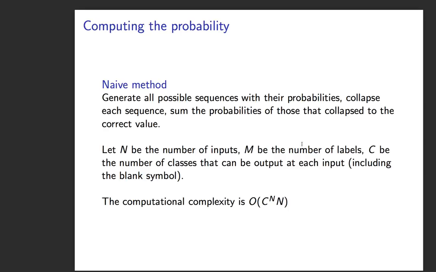The naive way of doing it is to enumerate through all the different paths that you could make through the output probabilistic sequence. For each one, you collapse it, and if it's the labeling that we wanted, then we add its probability. Otherwise, we don't.